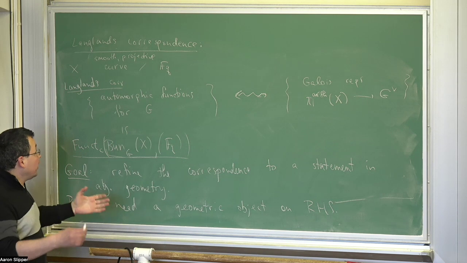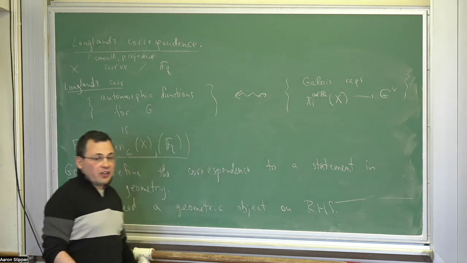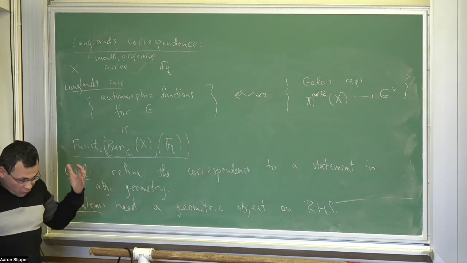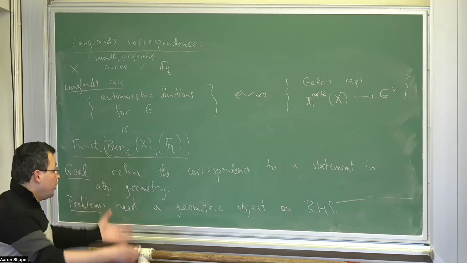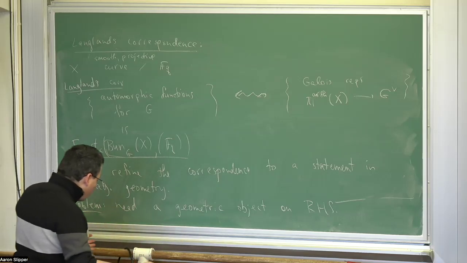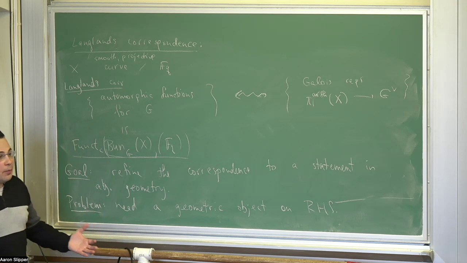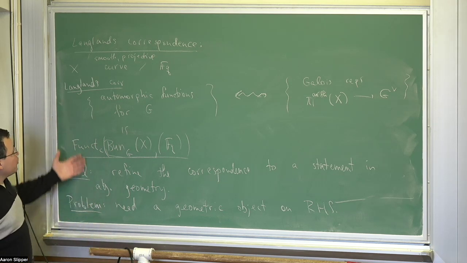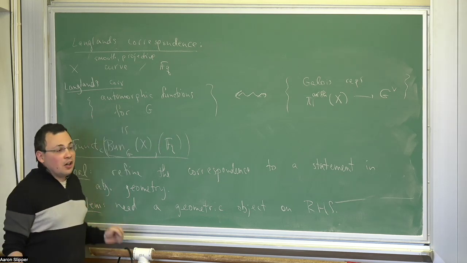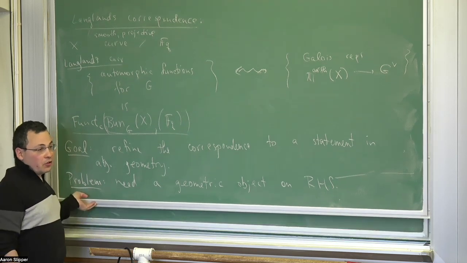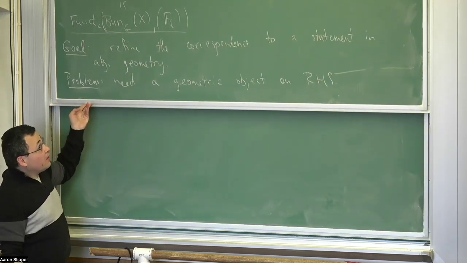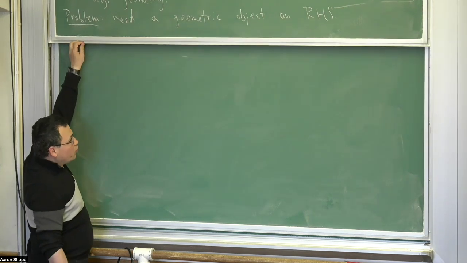So the categorical version of the geometric Langlands correspondence will take place over the algebraic closure of a finite field. And then there will be some abstract categorical procedure called trace of Frobenius that is meant to give an enhancement of the usual language. So that's the setup for how the structure of this theory goes.